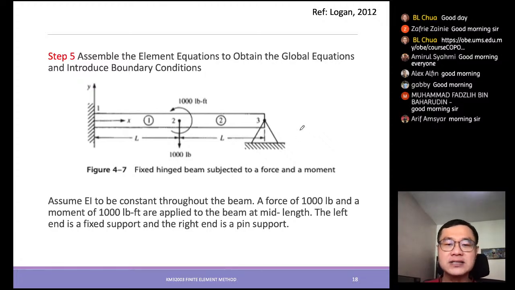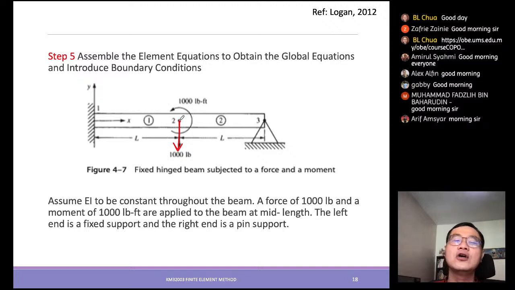So let's consider this example, where you have two elements. In this problem it is a straight beam, and in the middle there is a force and a bending moment acting at node number 2.